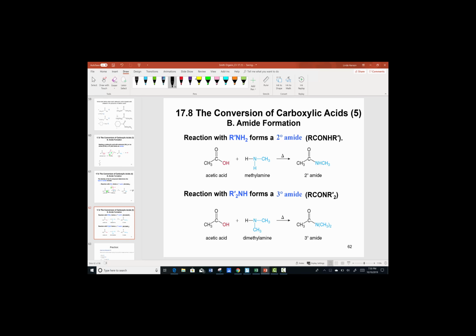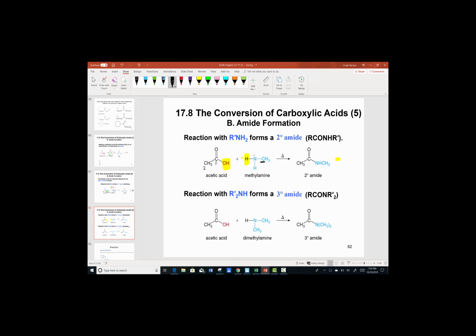When we look at acetic acid with methylamine, acetic acid has 2 carbons in the formula. Here's the nitrogen. Notice that it's attached to just one other carbon at this point, so it's named methylamine. When it goes on, this hydrogen and the OH combine to make the water.